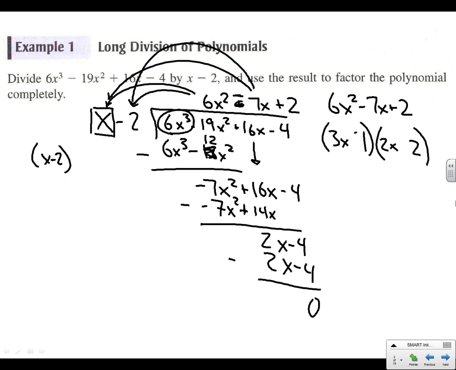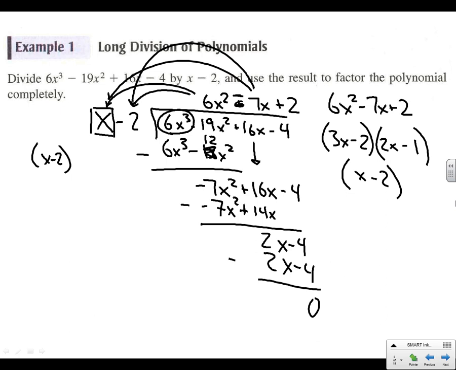Nope, other way. 2 times 2 is 4, and 3 times 1 is 3. That'll get us to 7, and they should both be negatives. And so now we have all three of our factors: 3x minus 2, 2x minus 1, and the original x minus 2. So this problem is completely factored.